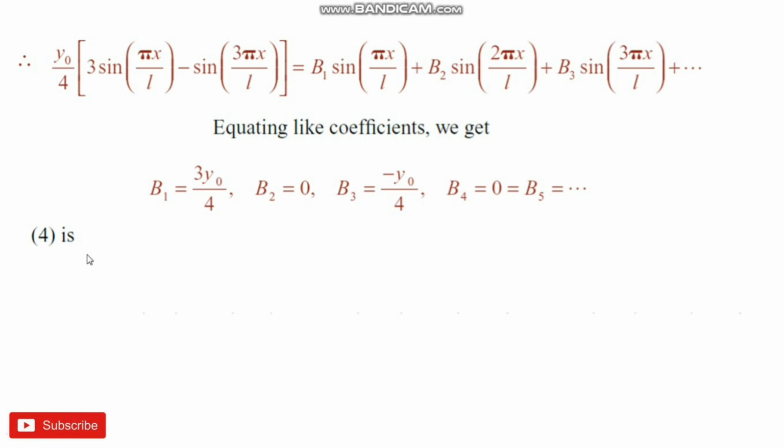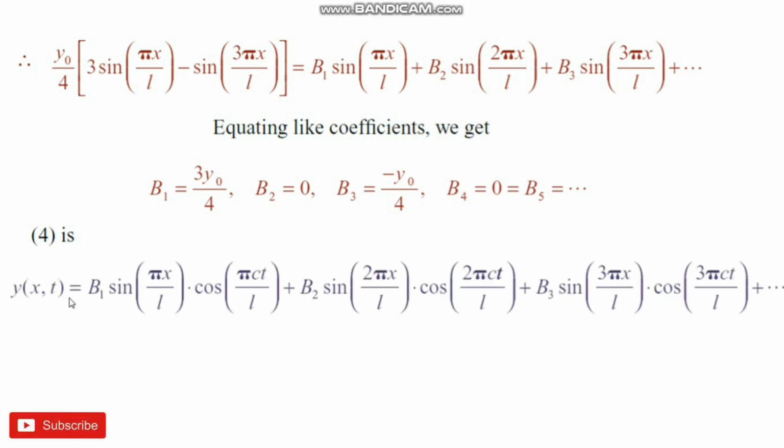Equation 4 becomes y(x,t), after expanding the summation notation, b1 sine of πx/L cosine πct/L plus b2 sine of 2πx/L cosine of 2πct/L and so on.